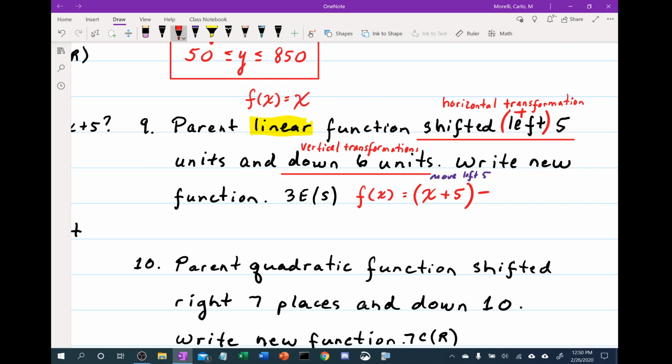You're going to just write minus 6. You're going to throw that minus 6 on the end of your thing. So the important deal here, guys, is these parentheses. You must put your horizontal transformation in parentheses with the x. Otherwise, it won't work.